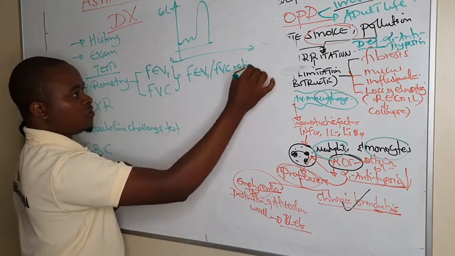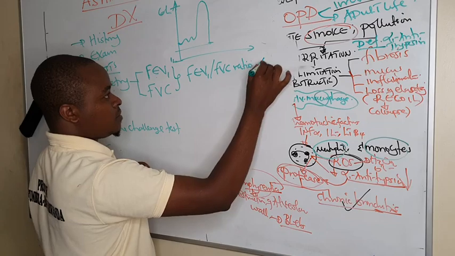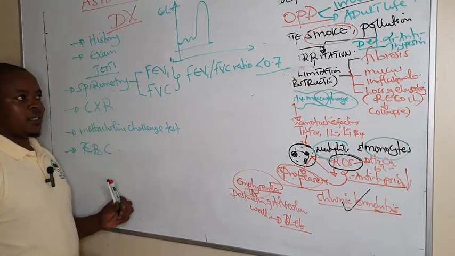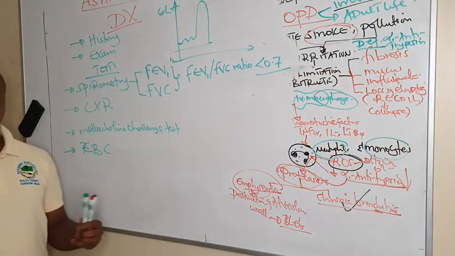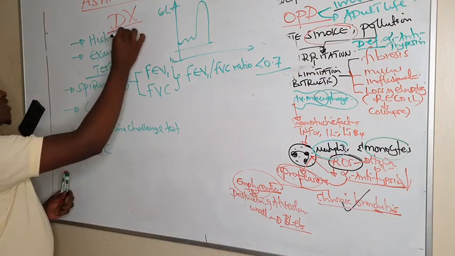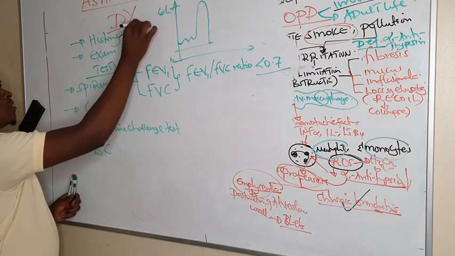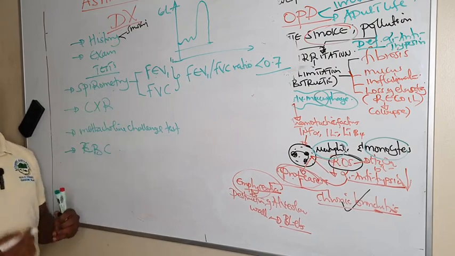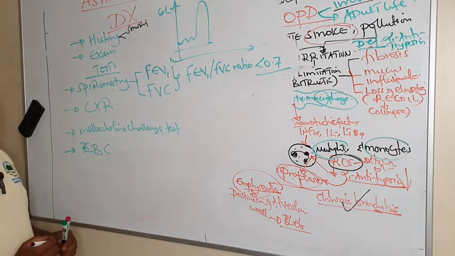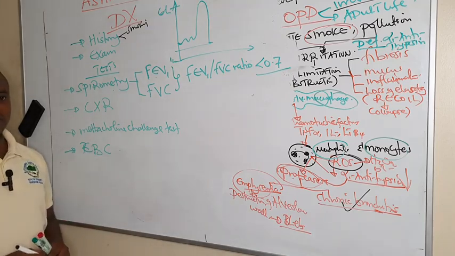And when the ratio is less than 0.7 or 0.8, that indicates asthma or sometimes COPD. Then on history, there must be a history of either smoking or triggers, like exposure to allergens, coldness, or exercise, those who cannot tolerate exercise.